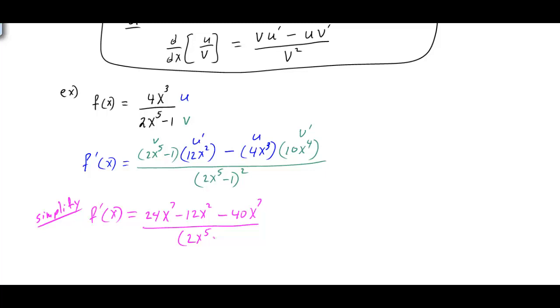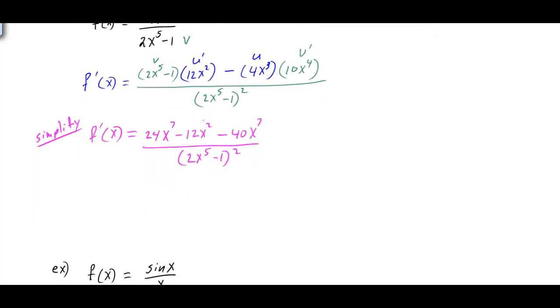Typically here, you're not going to multiply that out. If you notice here, by multiplying the top out, we can actually combine some like terms. And here we would end up with 24x to the seventh minus 40x to the seventh, that would be a negative 16x to the seventh, minus 12x squared, over the denominator, 2x to the fifth minus 1 squared.